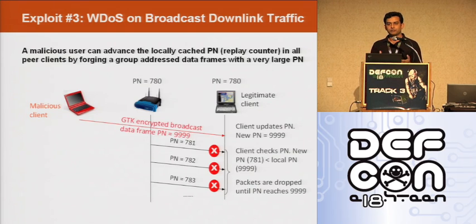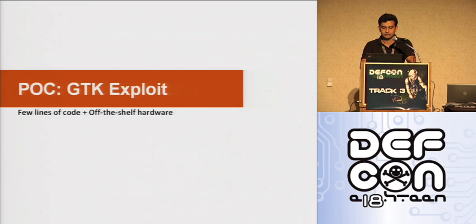So the attacker, by exploiting this replay detection logic, is causing a denial of service attack in the downlink direction, which can break a few protocols. So this was the third example of exploit of Hole 196, or the GTK vulnerability.